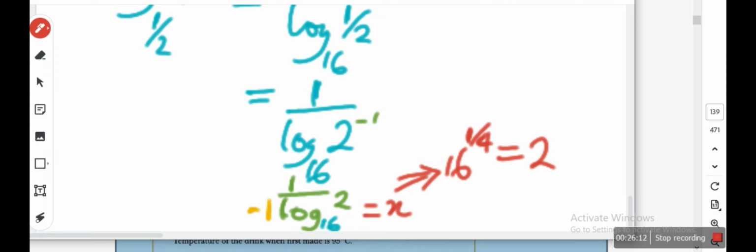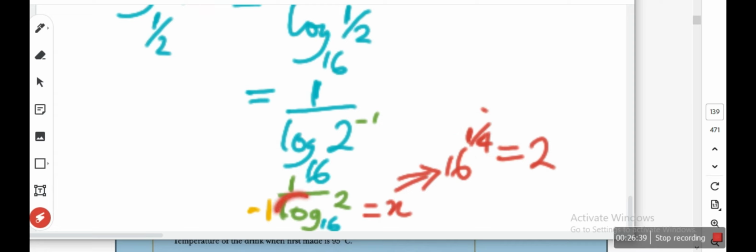Oh, hold on, let me be sure. What does it give? 2 raised to 1 over 4... equals 2. Yes, you're right, you verified that. So x is equal to 1 over 4.